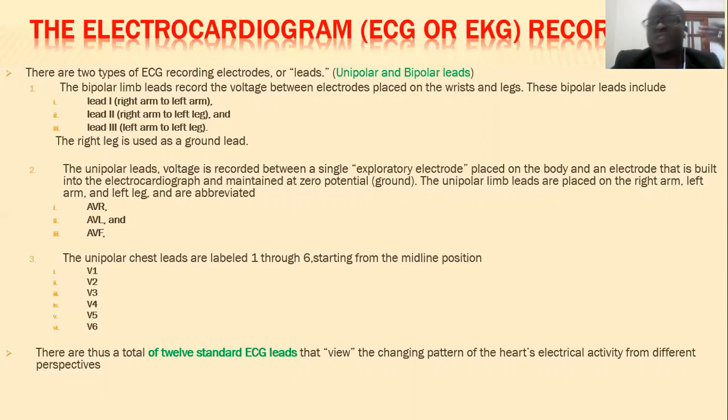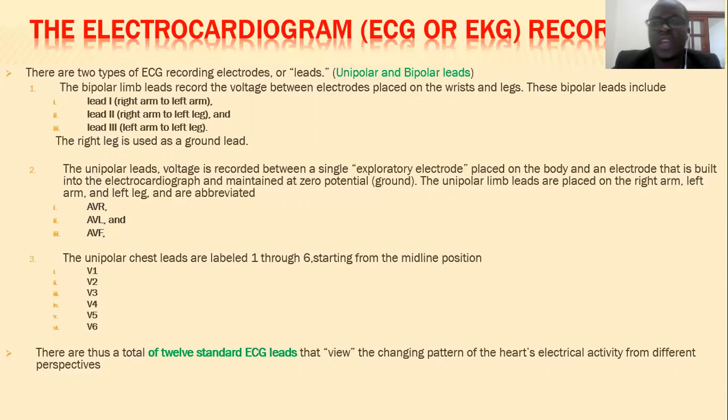Then you have the unipolar leads, and these unipolar leads, they are 9. So there are 3 unipolar leads which are called augmented voltage leads: AVR, AVL, AVF. They are called unipolar, so you're only having 1 electrode that you're connecting to the body surface.